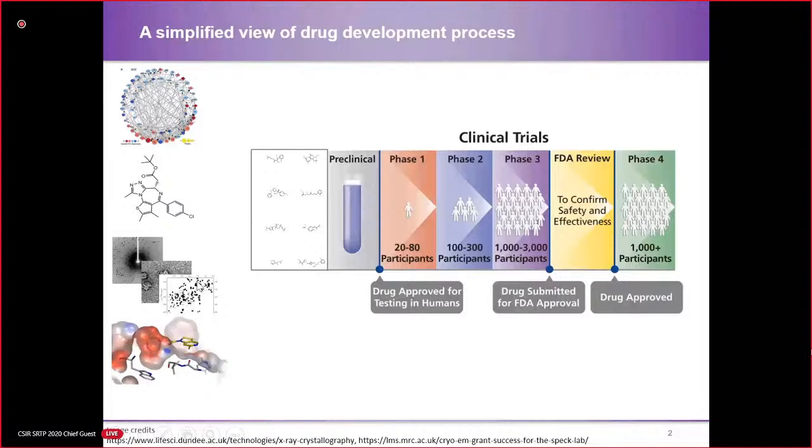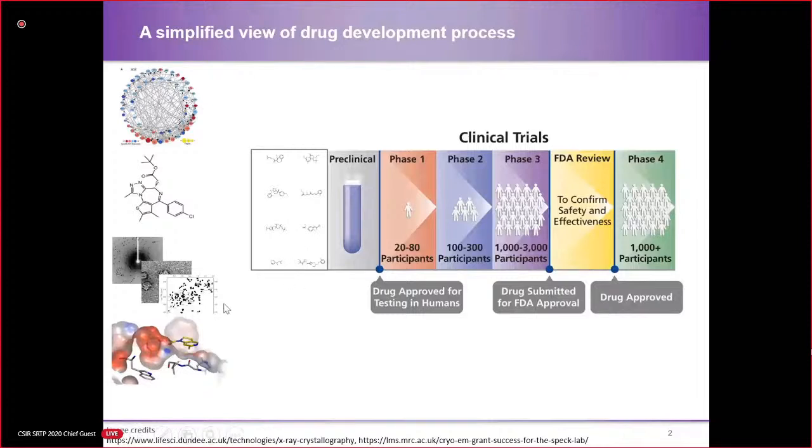The reason being, many of the molecules that enter into the clinical trial fail at different stages. And the computational tools try to help design better molecules which have less chances to fail in clinical trials than you would have if you had done a high throughput screening randomly against a huge library.